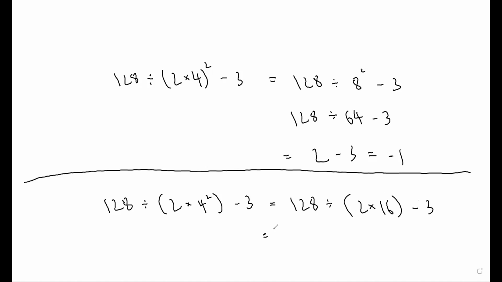And now let's do the brackets again. So 128 divided by 32 minus 3. And again, you do division, and then you do subtraction, and then we're good to go. So 128 divided by 32 is 4. And then 4 minus 3 is equal to 1.